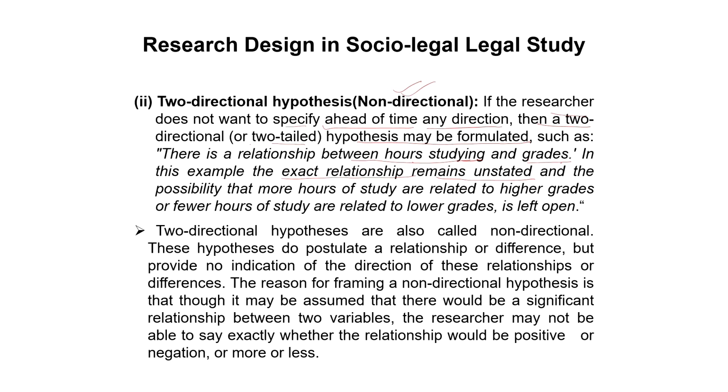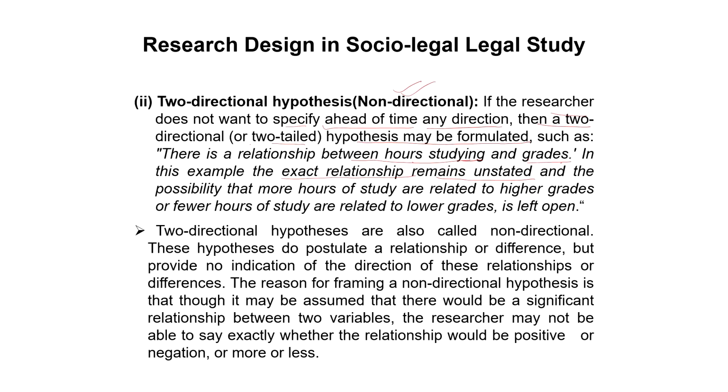Why so? Because in the example we discussed in the one directional hypothesis, the statement was: if the number of hours of study increases, the marks also increase; if the number of hours of study decreases, the grade also decreases. But see, this statement in the two directional hypothesis simply says there is a relationship between the hours studying and grade. What kind of relationship?